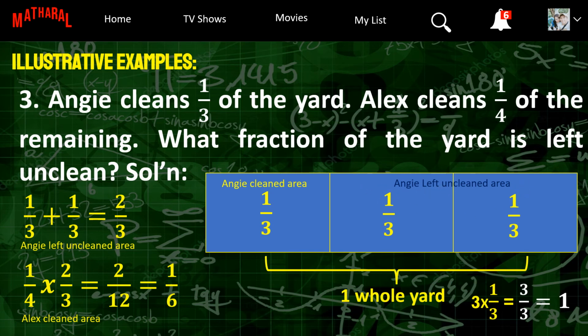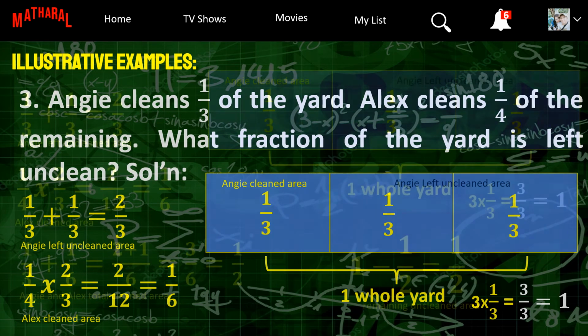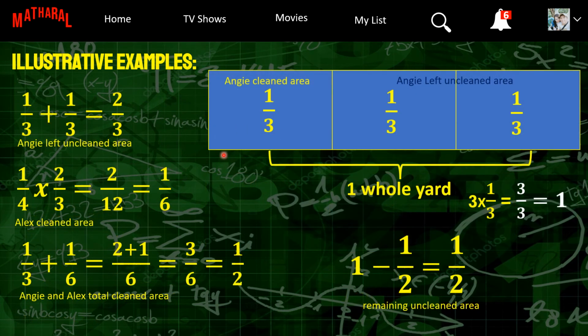So ngayon, paano natin malalaman yung fraction ng yard na hindi nalinis ng dalawa? Okay po? So, nung pinagsama ng dalawa, ni Angie at ni Alex. So, let's proceed po. So, ito po siya. So, we recopy the model as what we had in our previous slide.